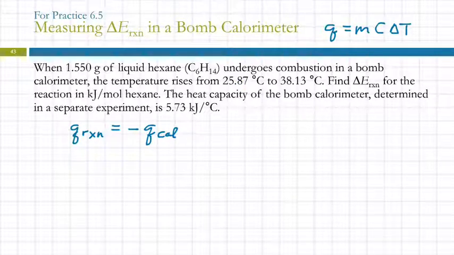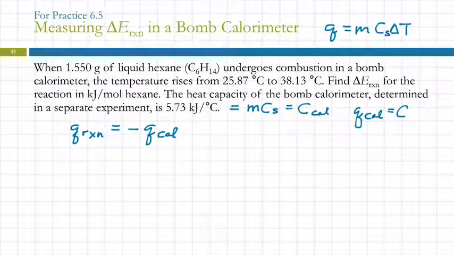This heat capacity for the calorimeter is actually MS, where the specific heat capacity should be S up here. And we just call that C for the calorimeter. So Q for the calorimeter equals C for the calorimeter times the change in temperature.